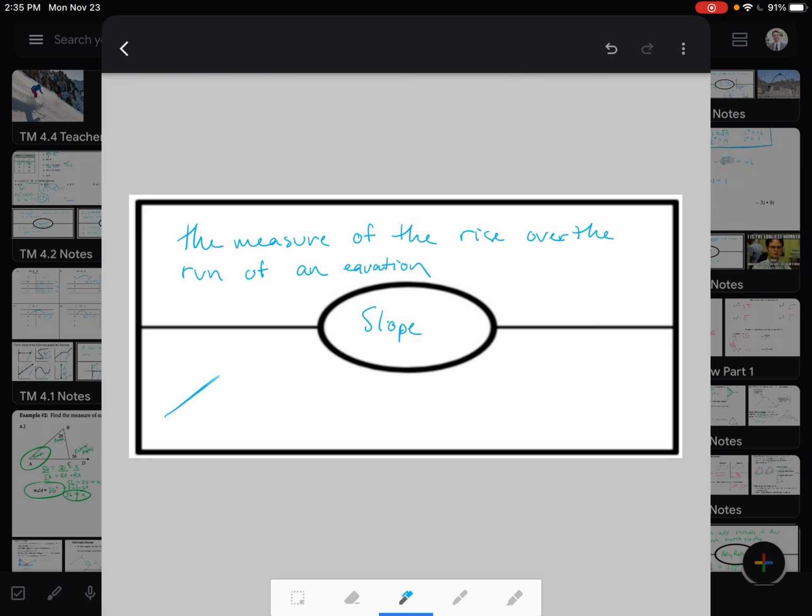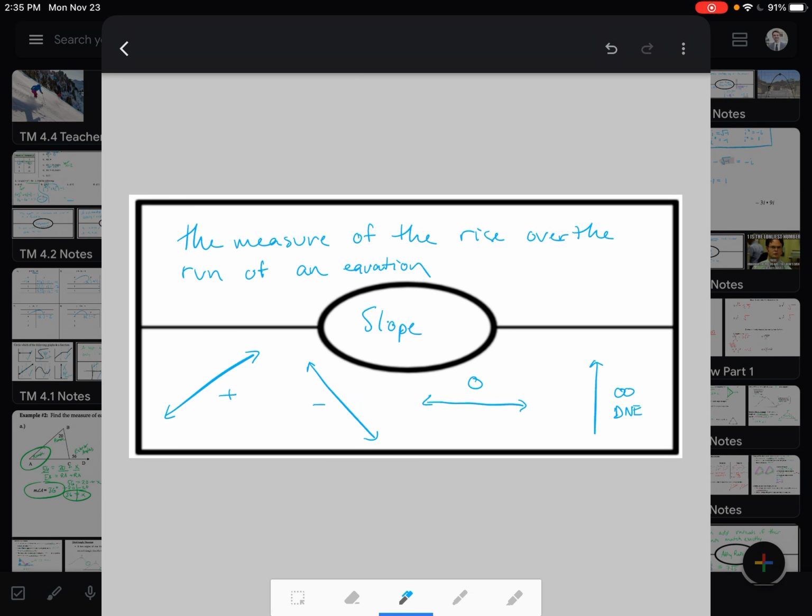For this, we can see positive slope goes up. Negative slope from left to right goes down. Zero slope is like Ohio, it's just flat. And then the last one is our rocket ship, going straight up and straight down. We call this infinite or undefined slope, DNE, because it's infinite rise, zero run.